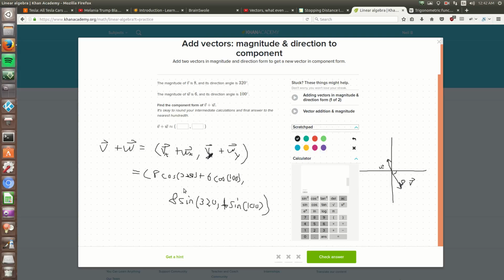So now you just have to calculate this and plug in the numbers. Let's see if we can do this: 8 times cosine 320 plus the addition of 6 cosine 100 degrees. I think, yeah, there we go.